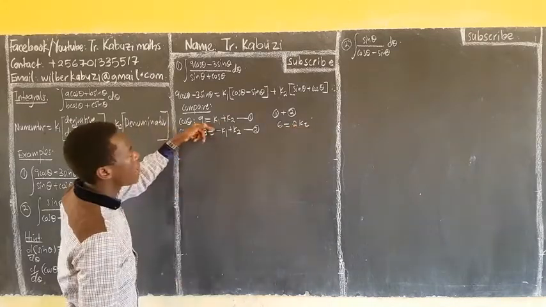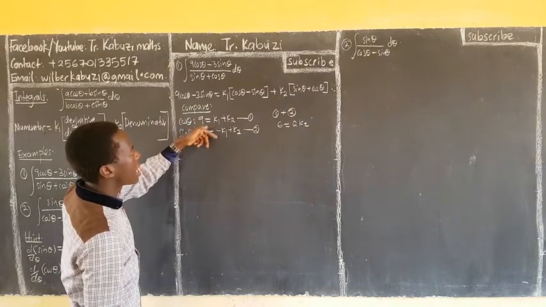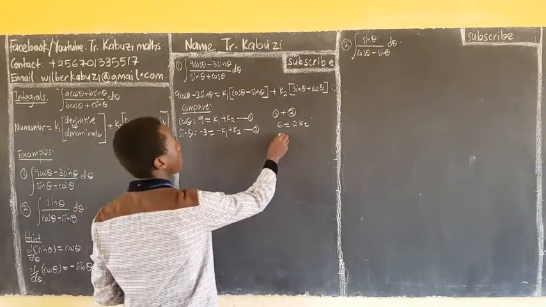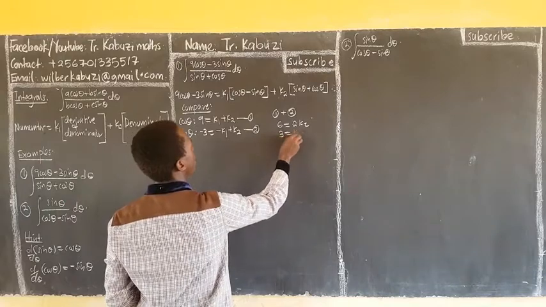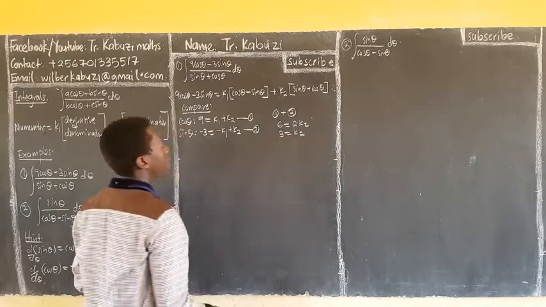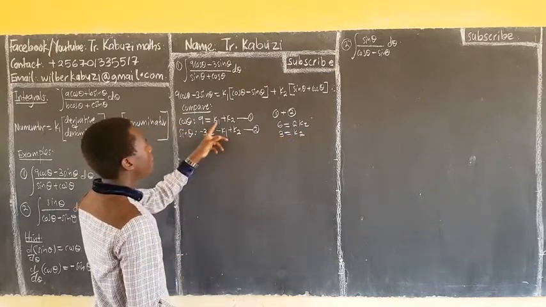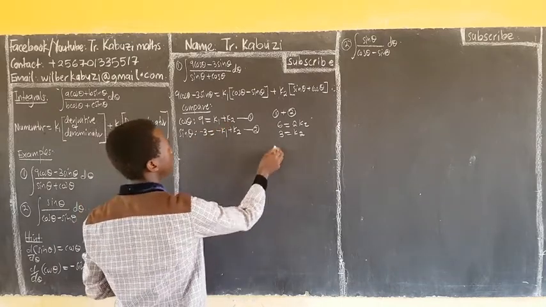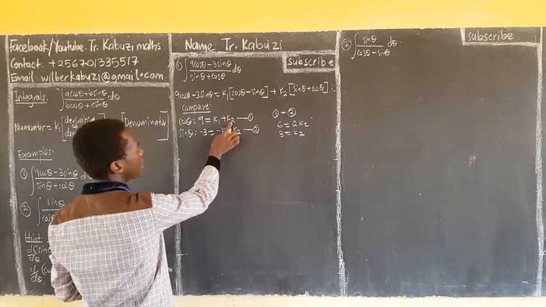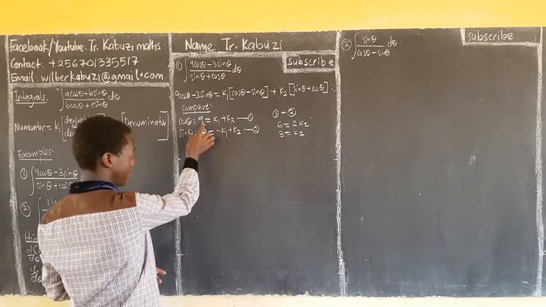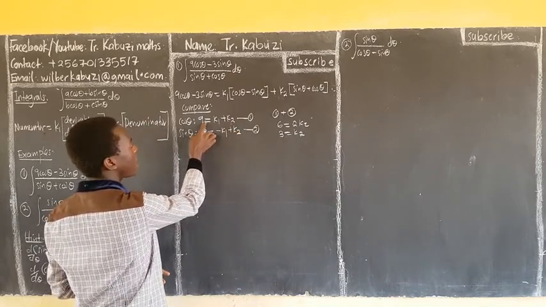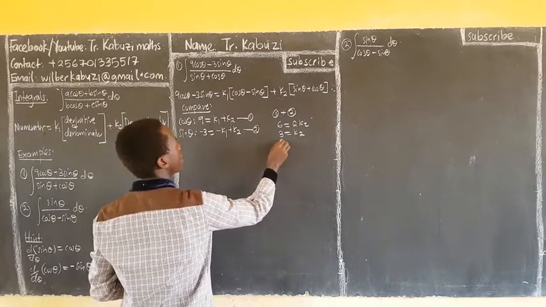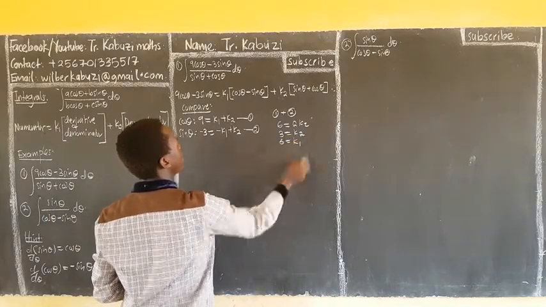I am adding because I can eliminate K1. So my K2 will be 3. If K2 is 3, taking the other side, my K1 will be 6.